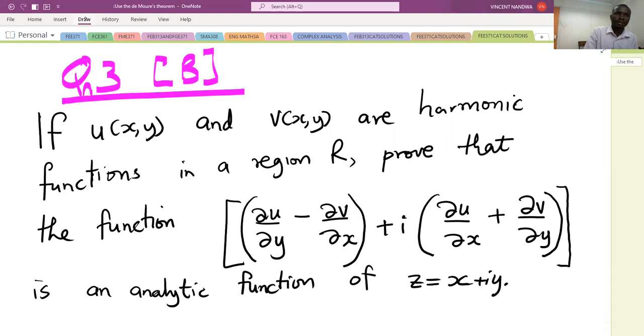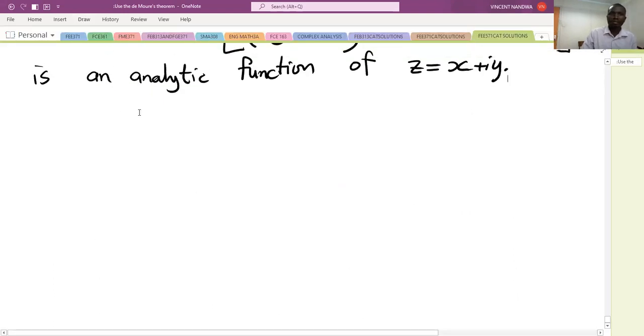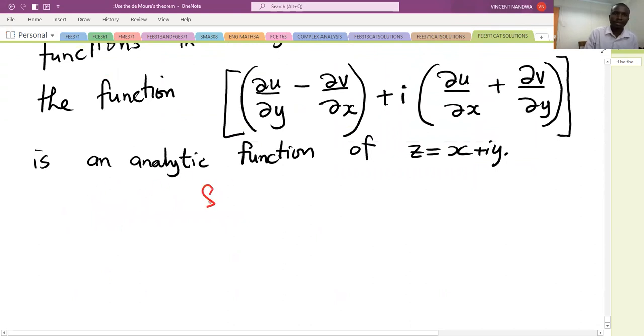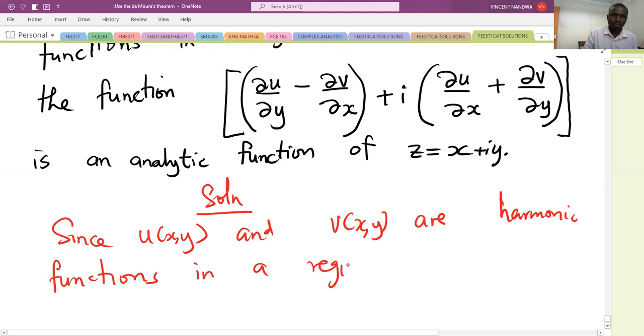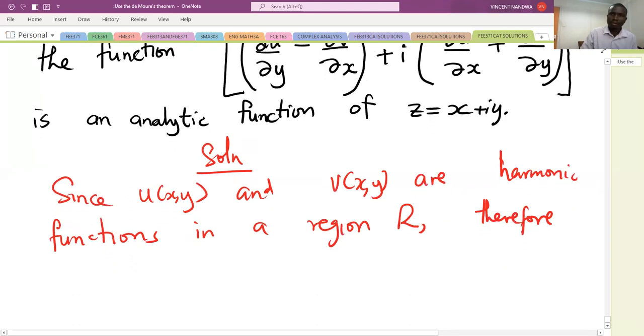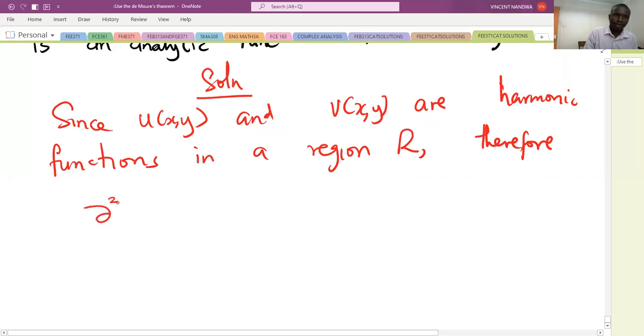Now, since u of x,y and v of x,y are harmonic functions in R, therefore we can say ∂²u/∂x² + ∂²u/∂y² = 0.